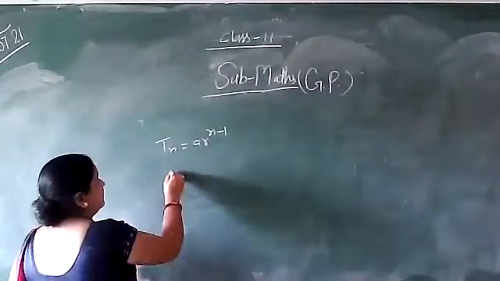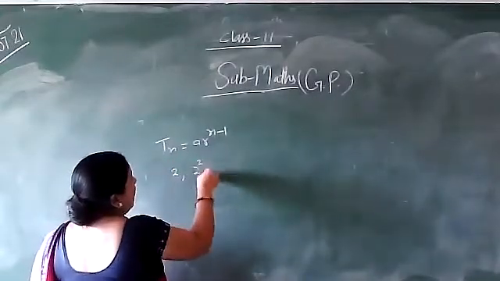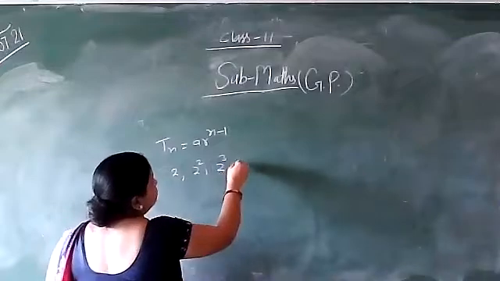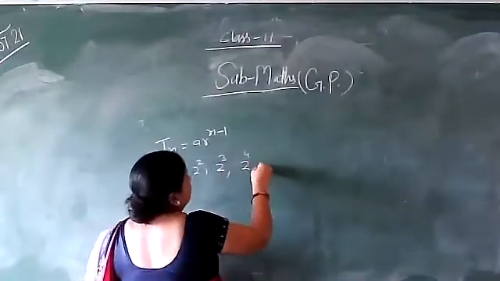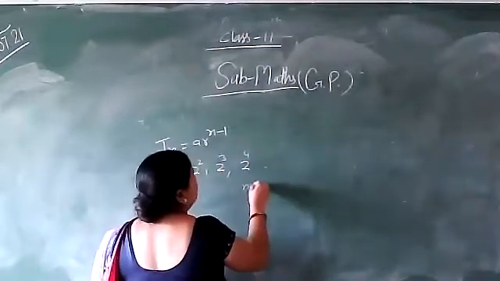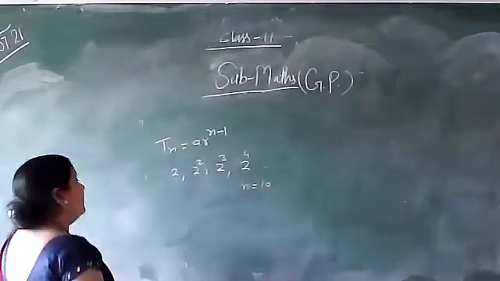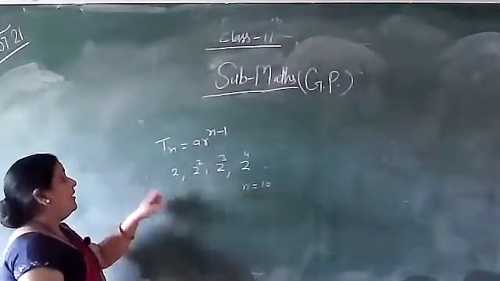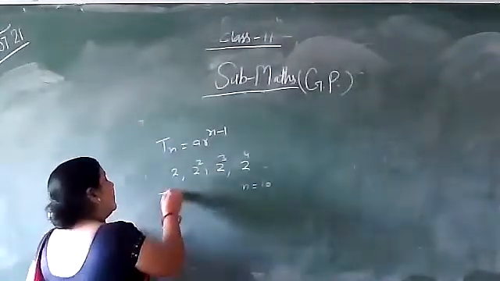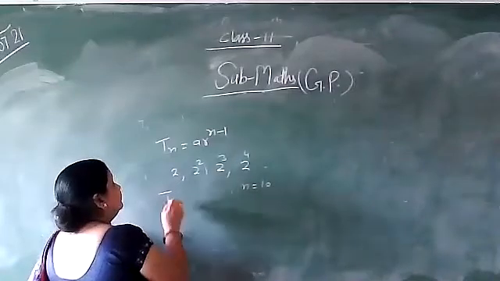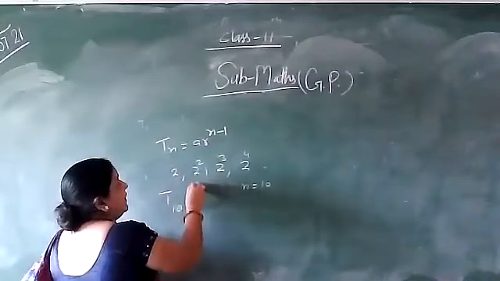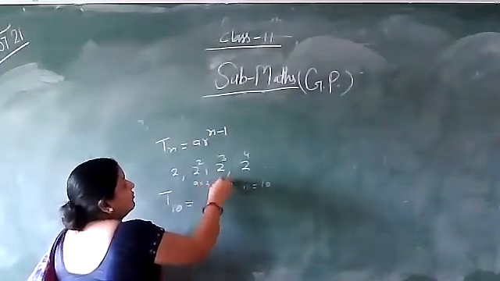If I write 2 square, 2 cube, 2 to the power 4, otherwise, and we want to find the term n equal to 10. If we find the value of Tn, so I write here T10. Here A equal to 2 and R equal to 2.